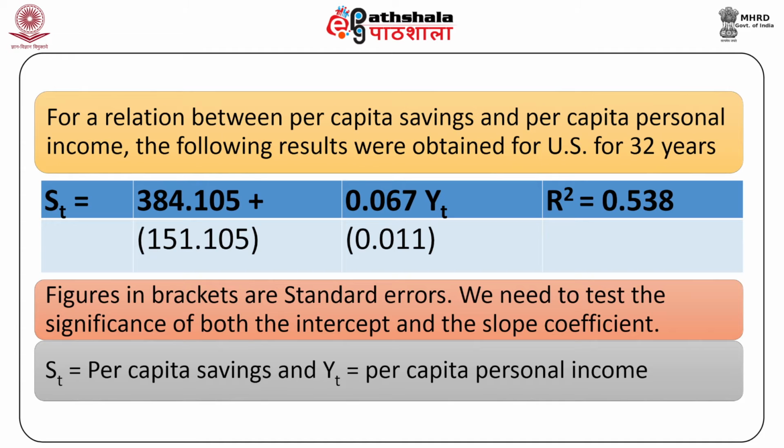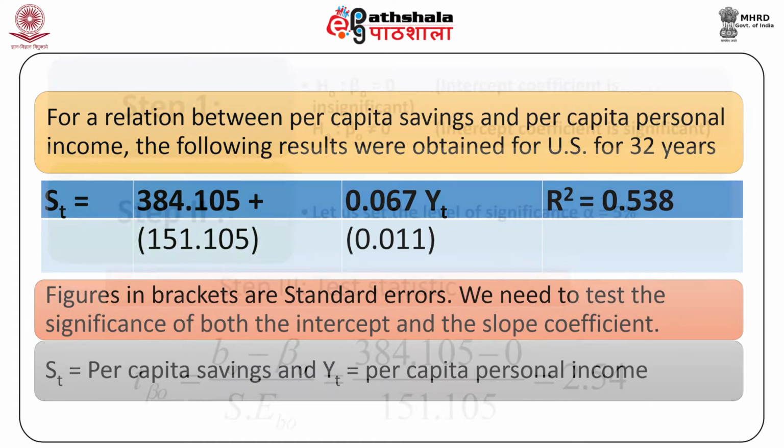Then we have two figures in brackets, 151.105 and 0.011. Figures in the brackets are standard errors. We need to test the significance of both the intercept and the slope coefficient. ST is equal to per capita savings and YT is equal to per capita personal income.